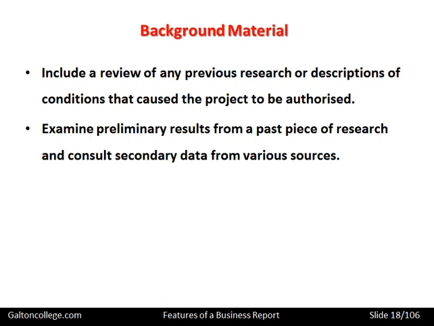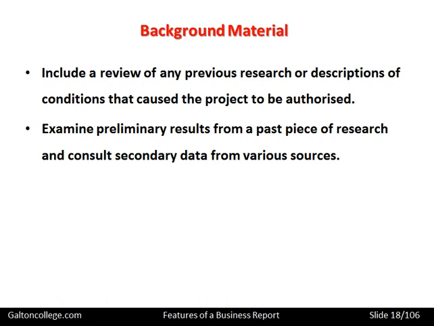And examine preliminary results from a past piece of research and consult secondary data from various sources. Secondary data is available. It's been compiled by other people, compiled by the government, or compiled by trade associations or the Chamber of Commerce or whoever.